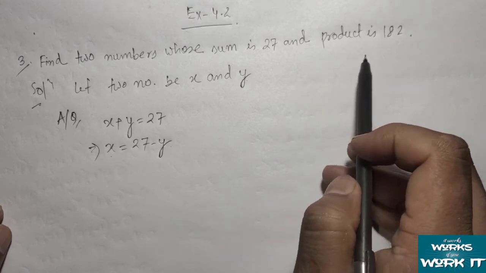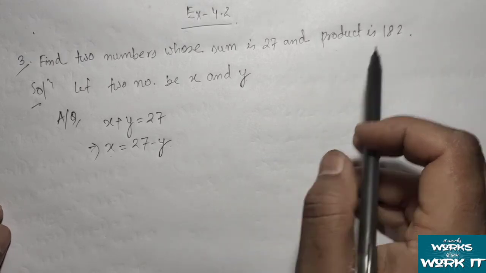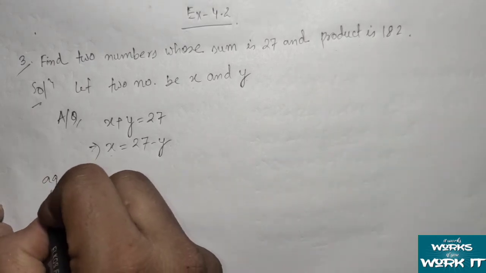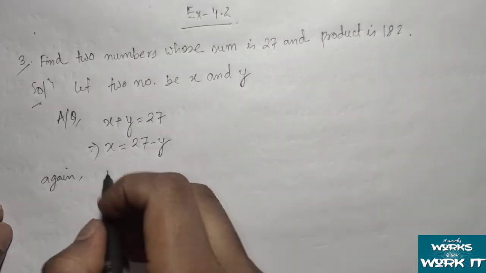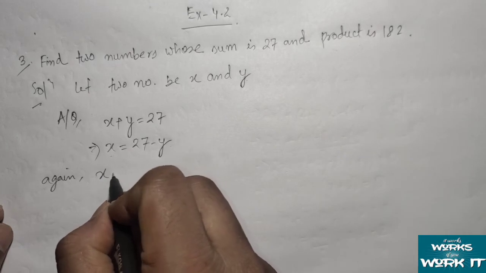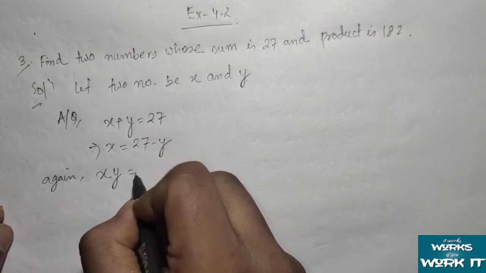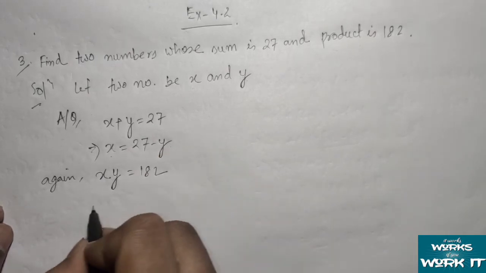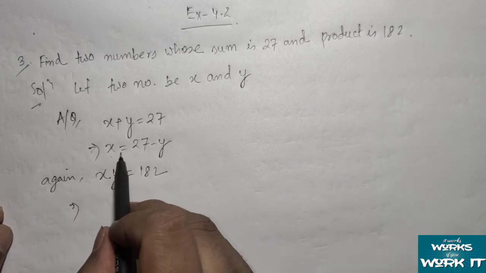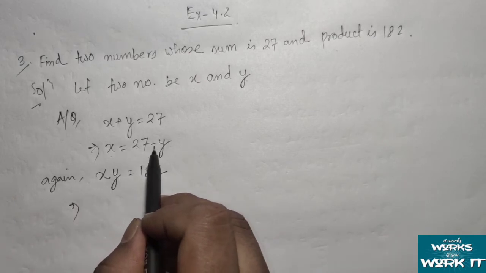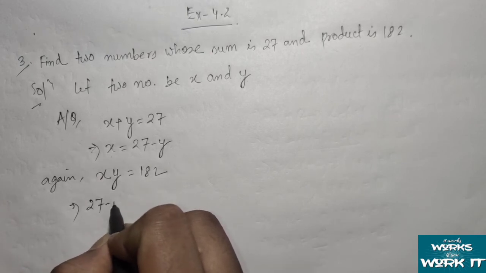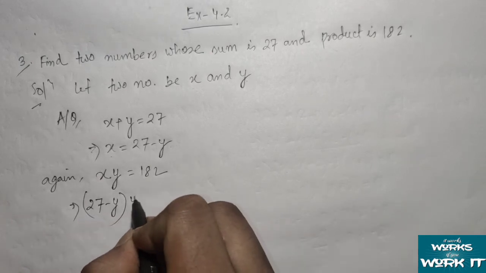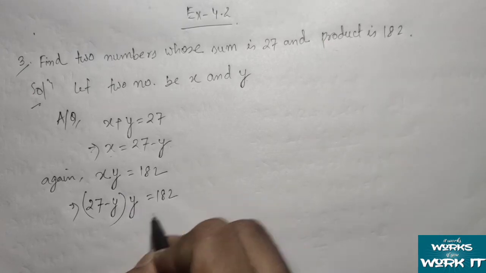Also it is given in the question that the product is 182. So the product of these two numbers, we can write x into y is equal to 182. From the above equation, we have got the value of x, that is 27 minus y. So in place of x, I am writing here 27 minus y multiplied with y equal to 182.